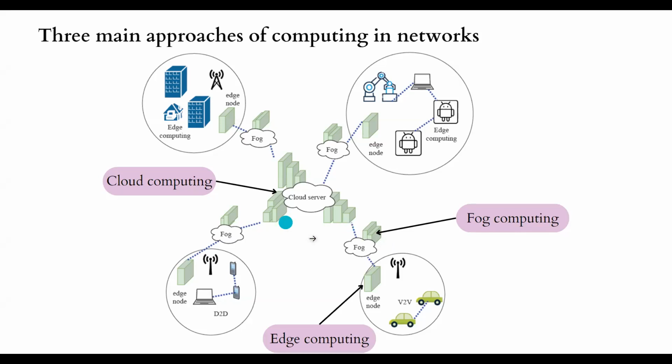Cloud computing is done in a centralized location, in a cloud server. The cloud servers are available in data centers. Those data centers are located in specific regions in the world, and they have multiple cloud servers.